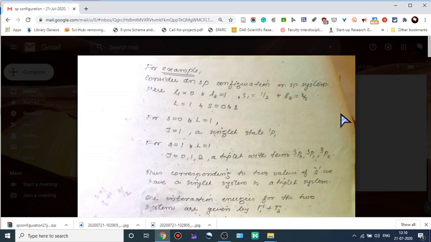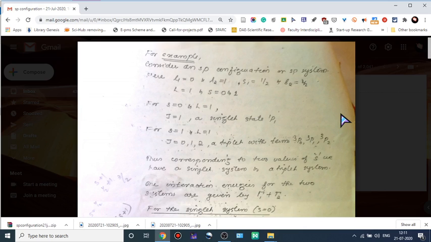For the singlet and triplet terms we get four terms in total, three from the triplet and one from the singlet. Now let us look at how to find the interaction energies gamma 1 and gamma 2.